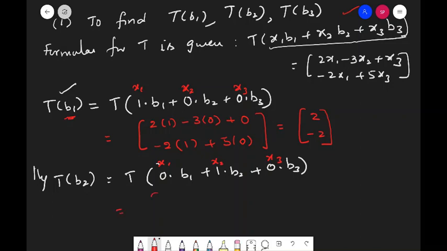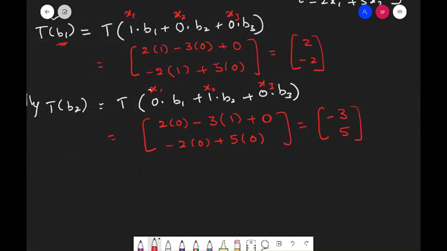Then by the formula, this will be equal to 2 into 0, minus 3 into 1, plus 0, and minus 2 into 0 plus 5 into 0, which will be equal to (minus 3, 0). And the next one I have is T of b3.